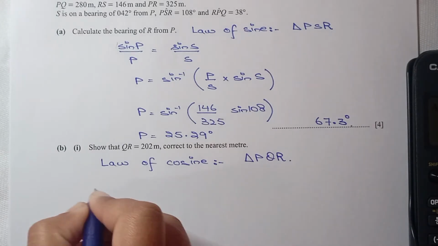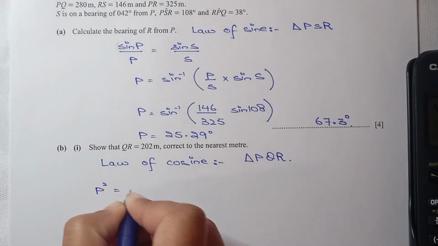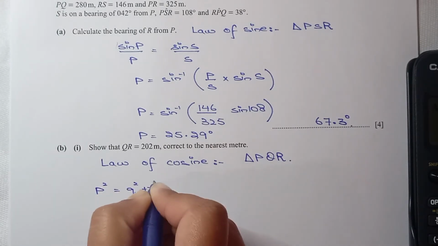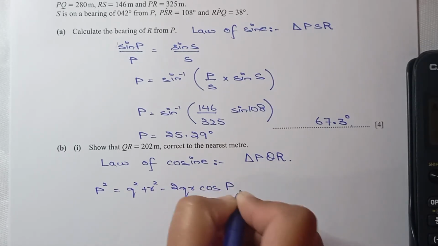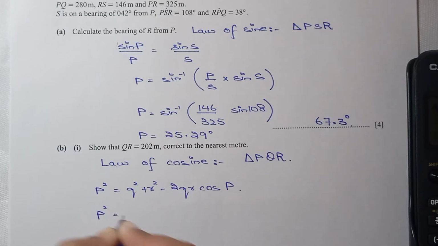We need to find the side P, so we can say P square would be equal to Q square plus R square minus 2QR cos of P. So P square would be equal to Q square.